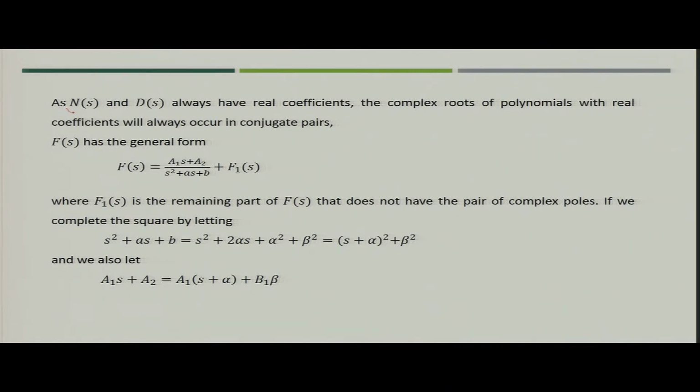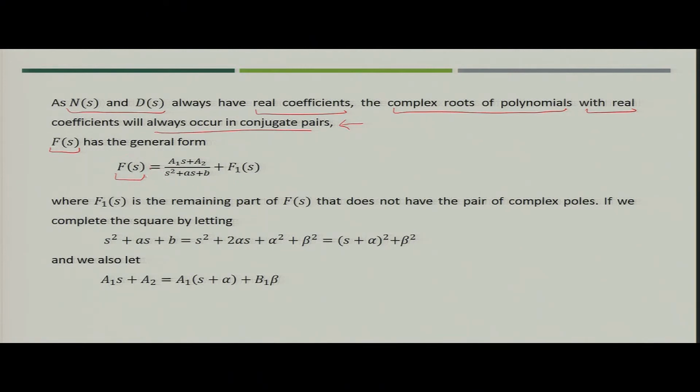As N(s) and D(s) always have real coefficients, the complex roots of the polynomial with real coefficients will always occur in conjugate pairs. So, we will keep this in mind and try to find out the inverse Laplace transform of F(s). Suppose F(s) is given to you and you want to find its inverse Laplace transform.